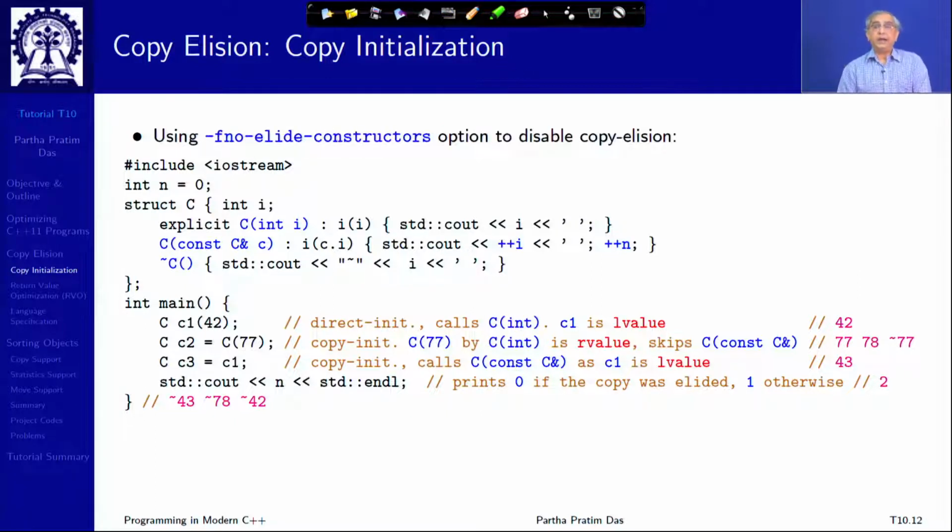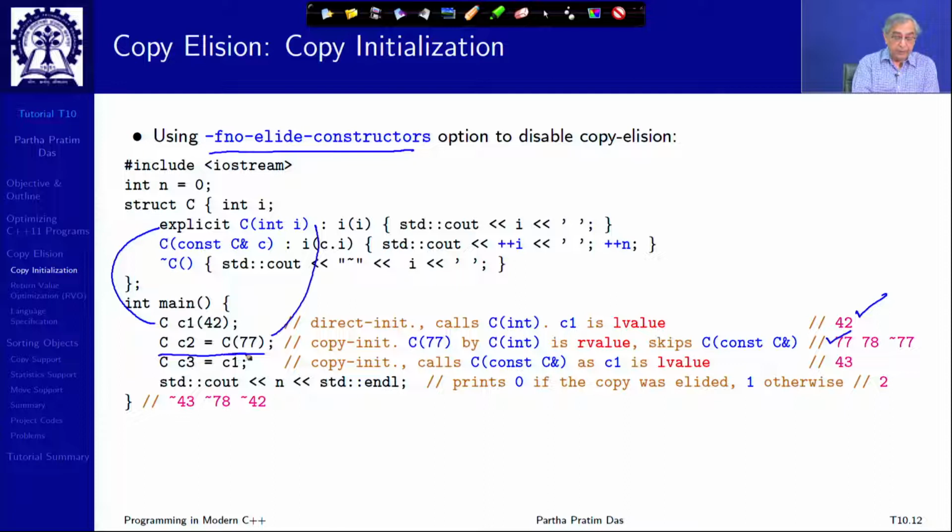If you want to see how it would look if the compiler were not eliding the copies, in GCC you have a nice flag, minus f no elide constructors, which will disable the copy elision, and you can see exactly what you had expected. So, this will invoke the parametric constructor, then it will invoke the parametric constructor again, then it will invoke the copy constructor, and you get 78.